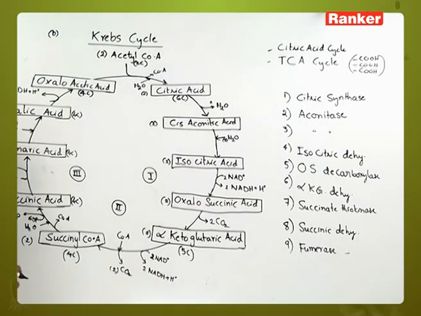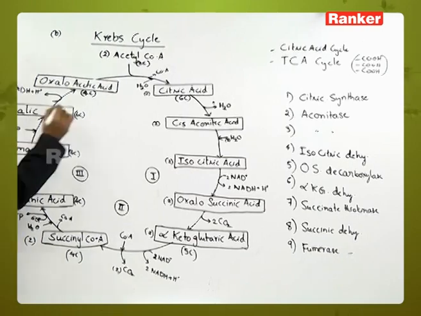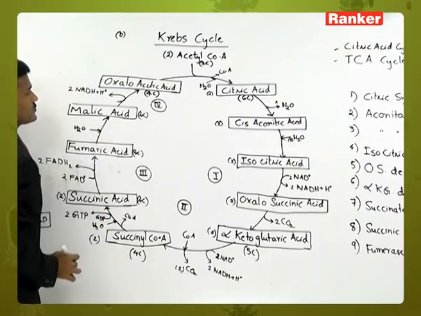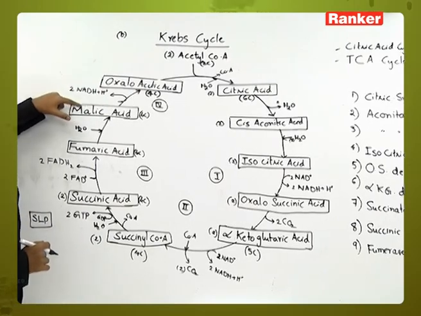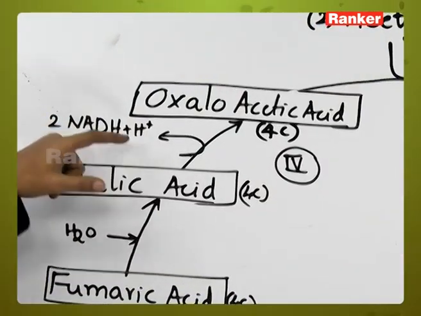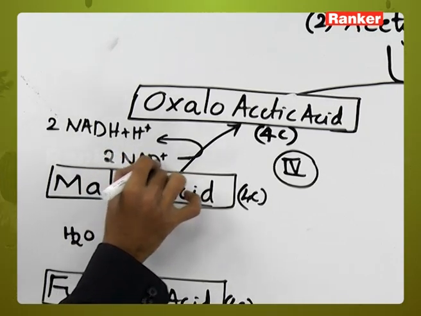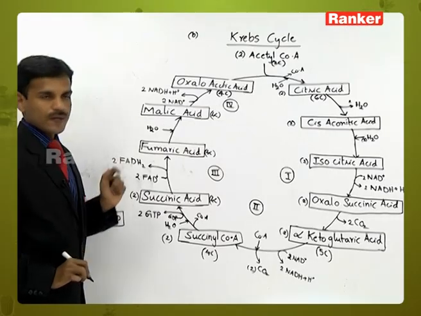Malic acid then undergoes the last oxidation reaction, the 4th oxidation. Here hydrogens are removed and received by NAD, and NAD is converted into NADH2.